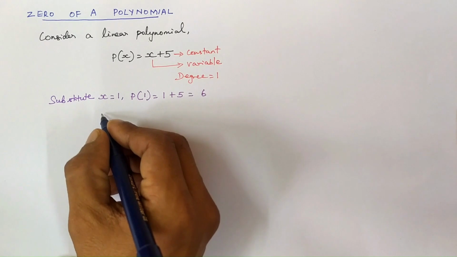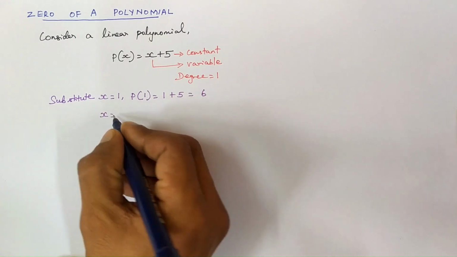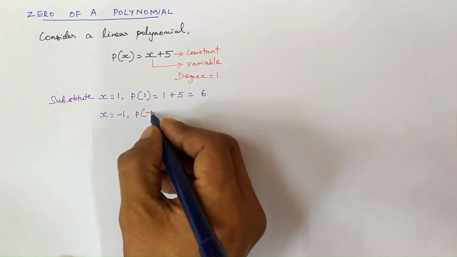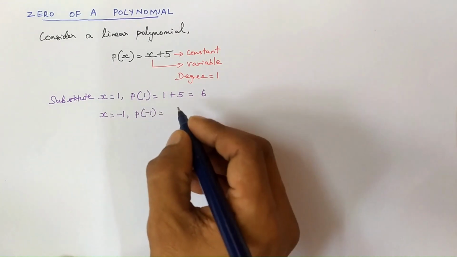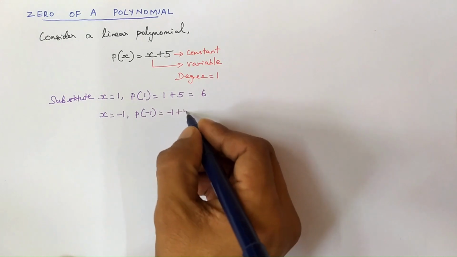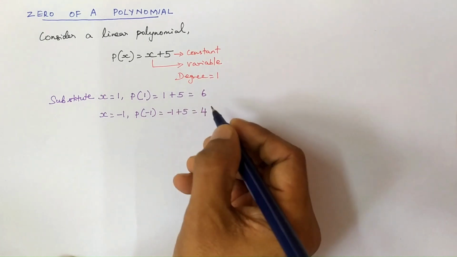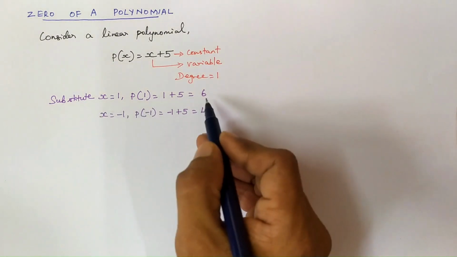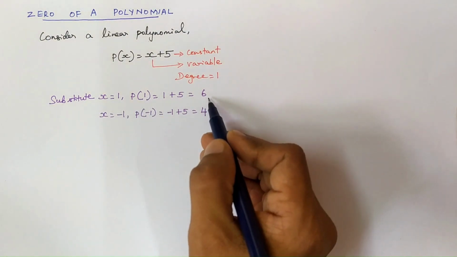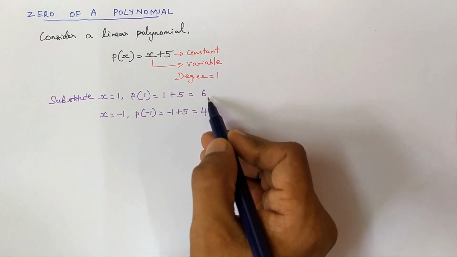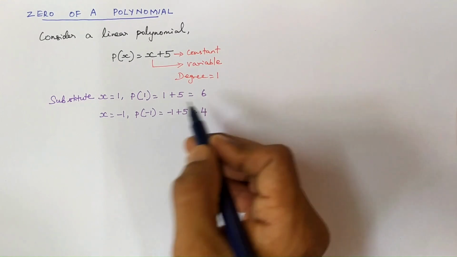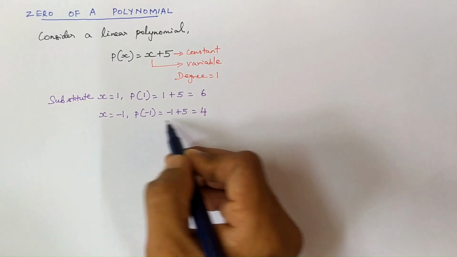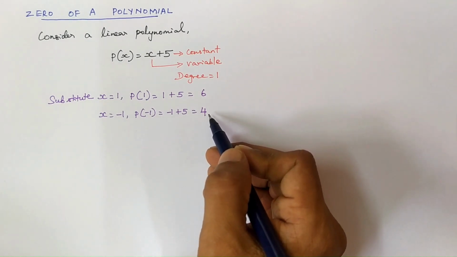Similarly, let us substitute x is equal to minus 1. p of minus 1 is equal to minus 1 plus 5, that is equal to 4. So when I substitute x is equal to 1, the value of the polynomial is 6. When I substitute x is equal to minus 1, the value of my polynomial is 4.